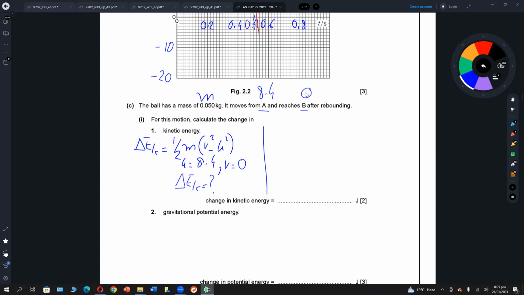If you get the answer, please let me know. You need to find kinetic energy change. It's given 0.